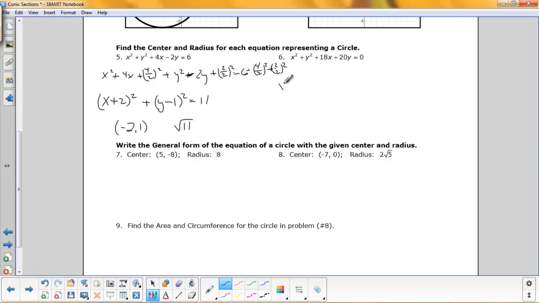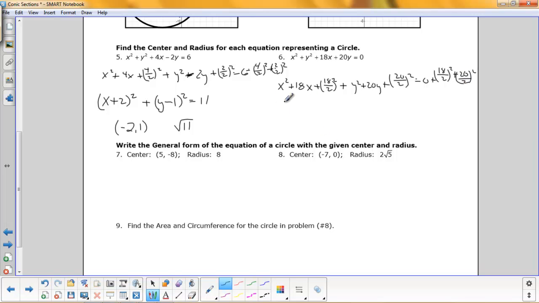Alright, again, x squared plus 18x plus (18 over 2) squared, plus y squared plus 20y plus (20 over 2) squared, equals 0 plus (18 over 2) squared plus (20 over 2) squared.